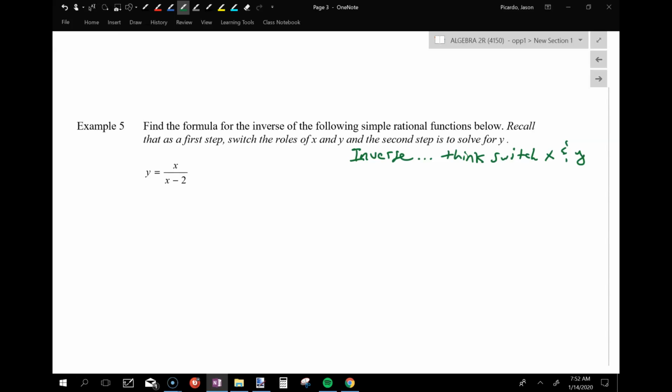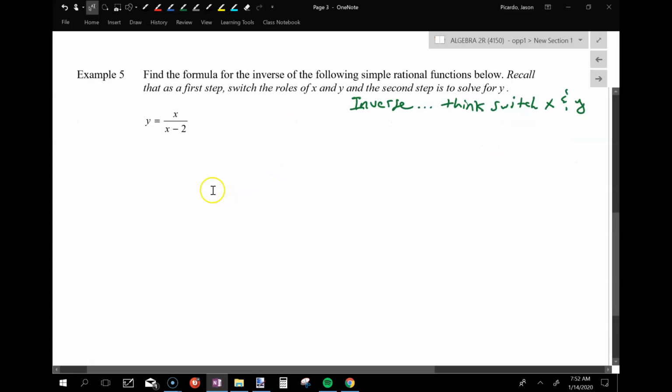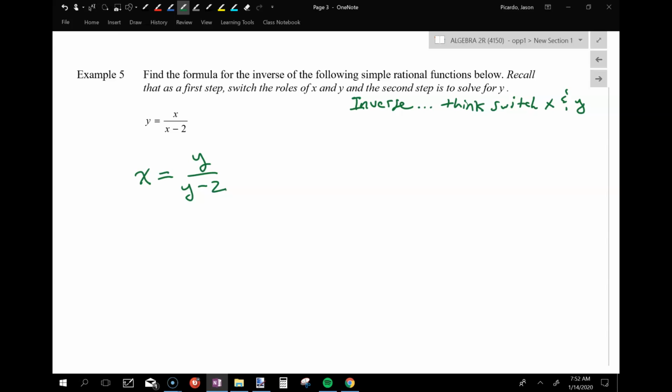So in this case right here, if I told you guys to find the inverse, is there a y in the problem? Are there x's in the problem? So what am I going to do? I'm literally going to swap them out. So the y becomes an x, the x becomes a y. Cool?